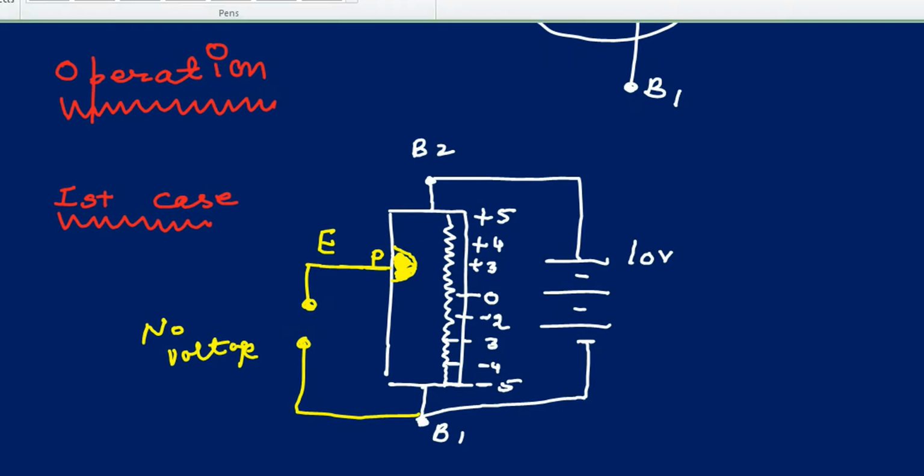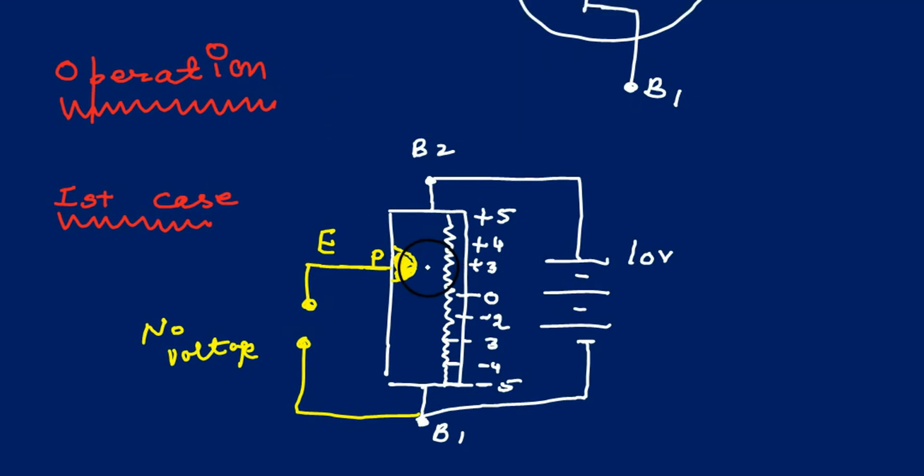You know, at the emitter the N-type is at +3, so the PN junction becomes reverse biased with no voltage to the emitter. Look, just near the PN junction diode, the voltage over the N is positive.